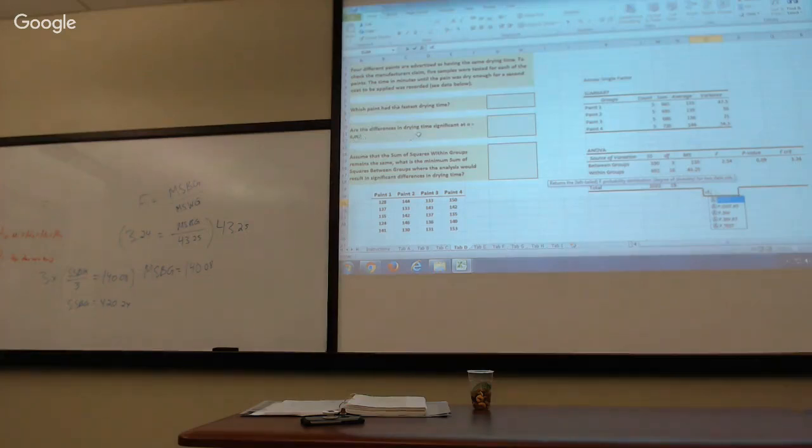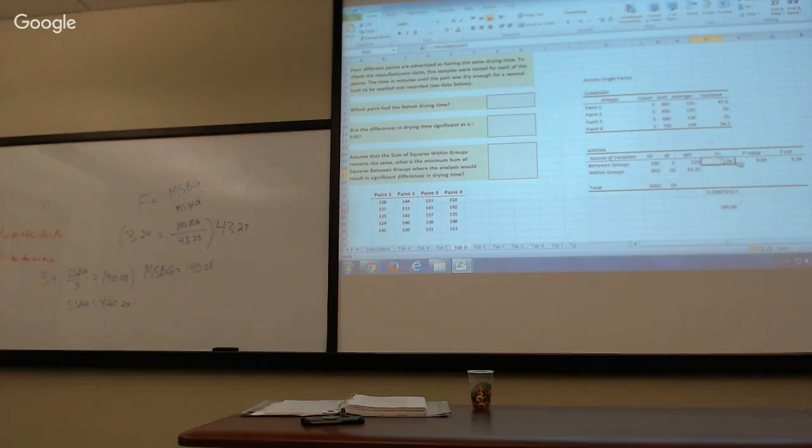So it's F.INV.RT, right tail of 0.05, our first degrees of freedom, our second degrees of freedom, is going to get our F critical value.